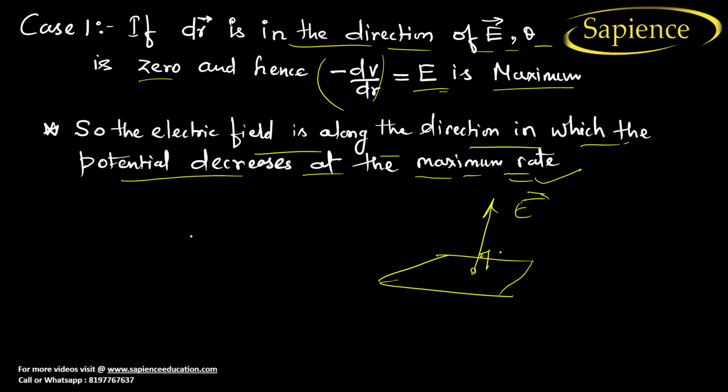Now I will ask you, in which direction is there a maximum rate of decrease of potential, in the x direction or the y direction? In the y direction the potential will decrease the maximum.